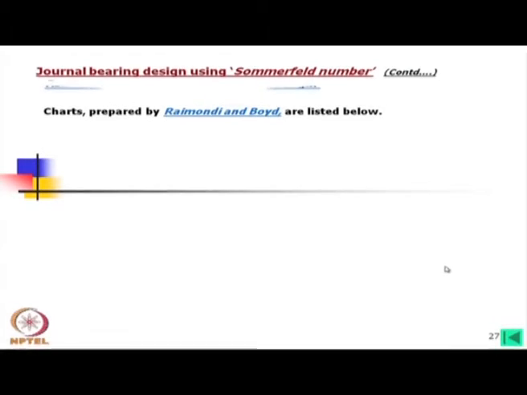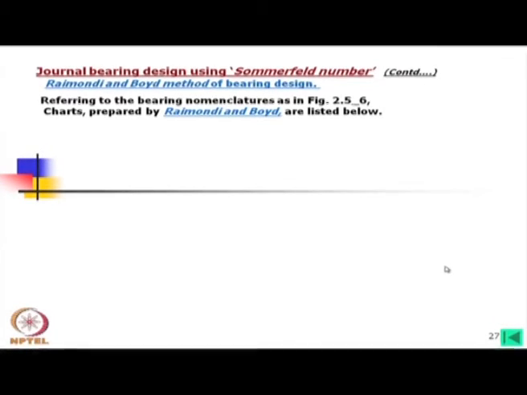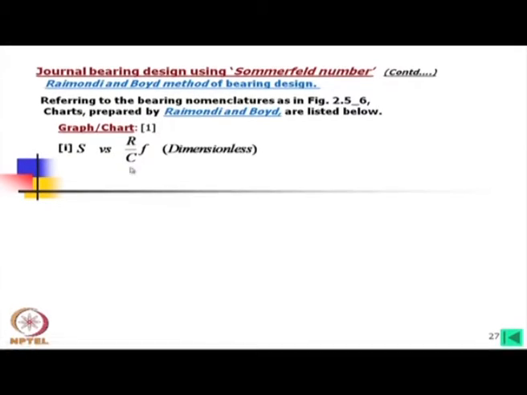And you will find that charts are available for S, the Sommerfeld number, which is dimensionless, R by C into F, where R is the radius, C is the clearance.